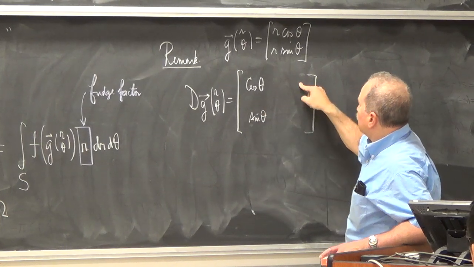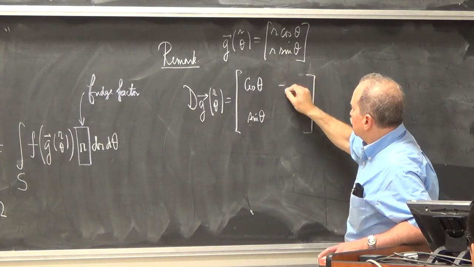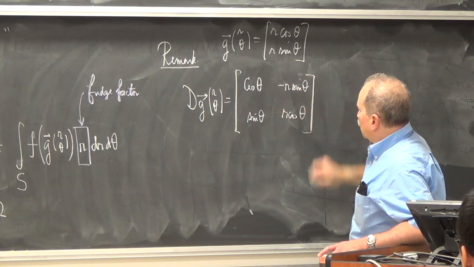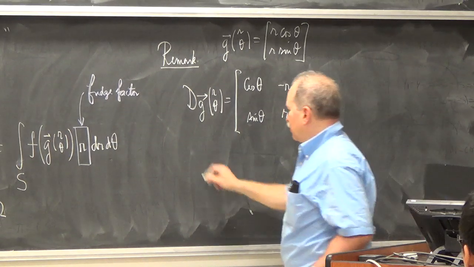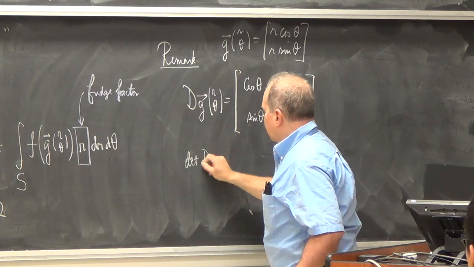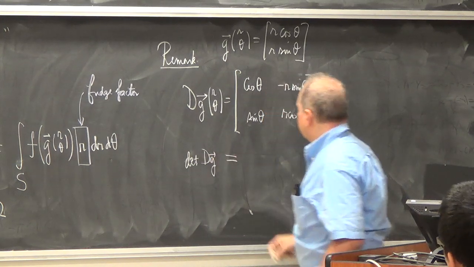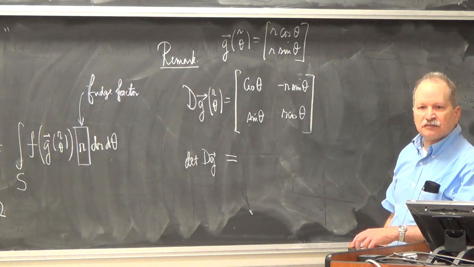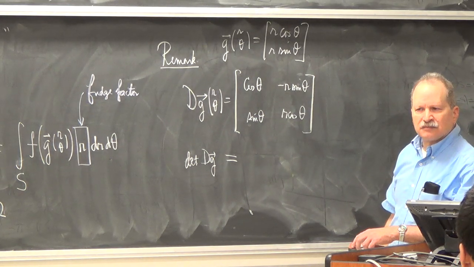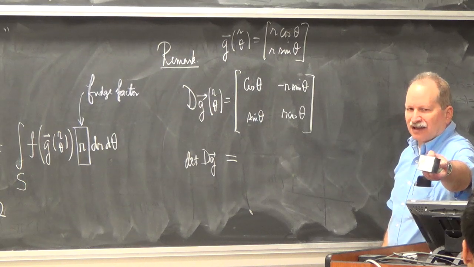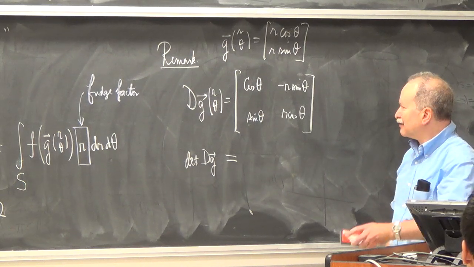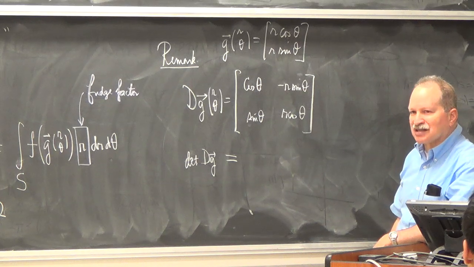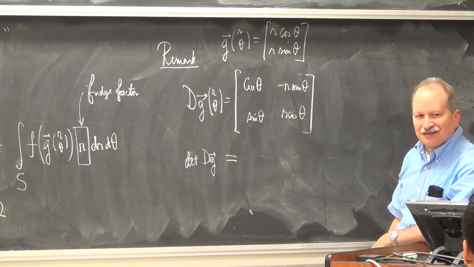Partial with respect to theta: negative r sine theta, r cosine theta. What's the determinant? It's r. Cosine squared plus sine squared equals 1. So it's r.